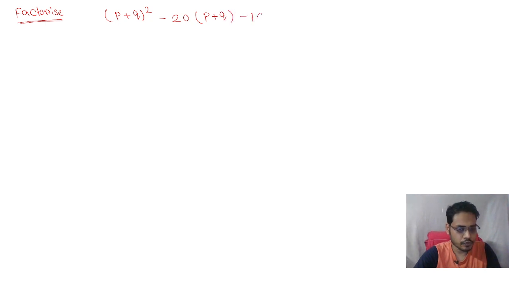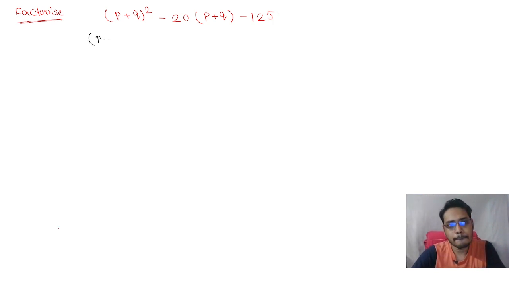Now coming to the factorization of p plus q whole square minus 20 into p plus q minus 125, and you have to factorize this. Here it looks very complicated, but it is not so complicated because we assume something.